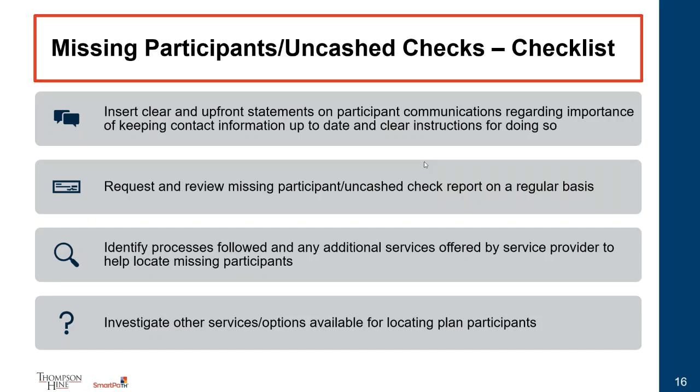Many of them have been doing this for many years and have a very robust process that involves checking lots of different public records databases to try to find those that are particularly difficult to track down. And all of this has to be weighed in the context of how many people are on your missing participant list, and what is the cost to engage any of these services.